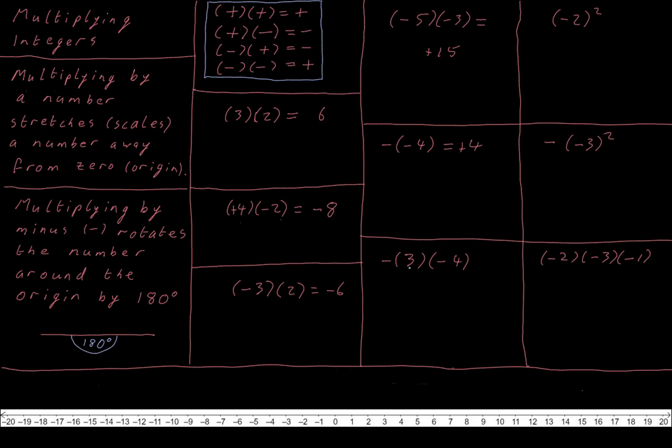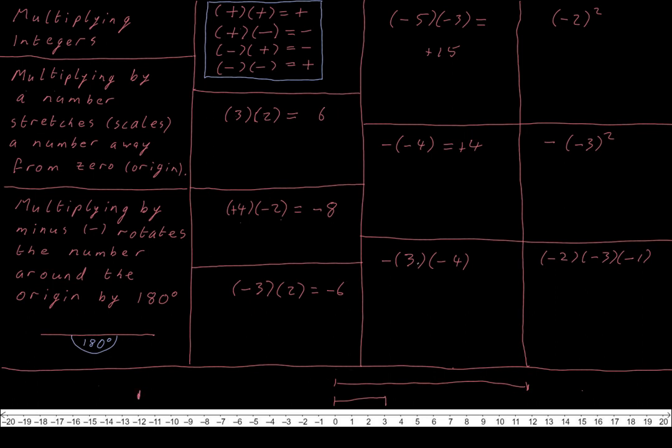So I start at plus 3, 3 units away from the origin, and I multiply by 4, and I deal with my number first, so multiply by the 4, so I would end up at 4 times as far from the origin, so I would end up all the way up at 12, and then I multiply by a minus, so I'm going to have to rotate around through 180 degrees and end up down at minus 12.